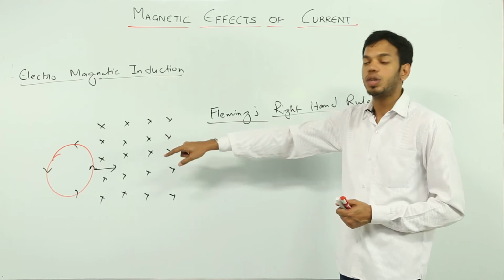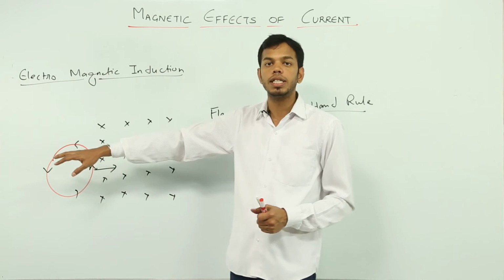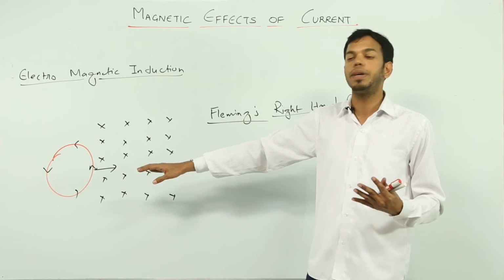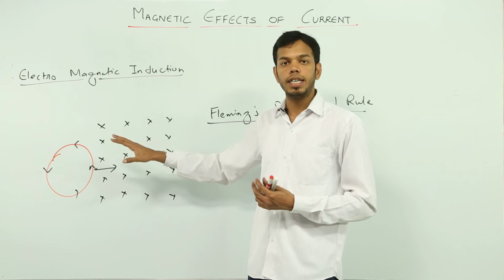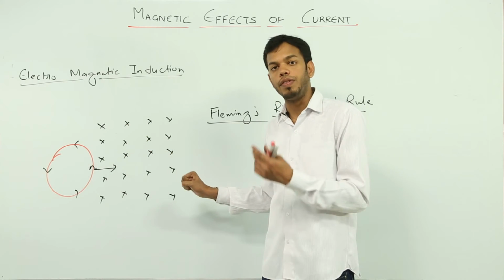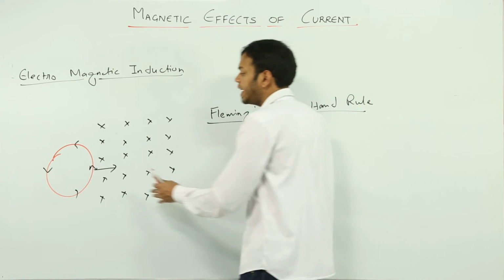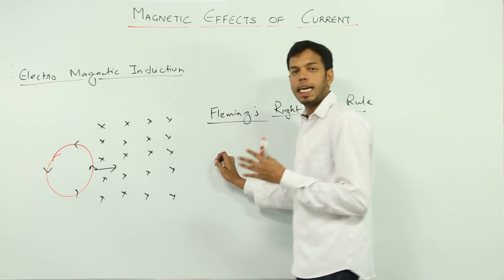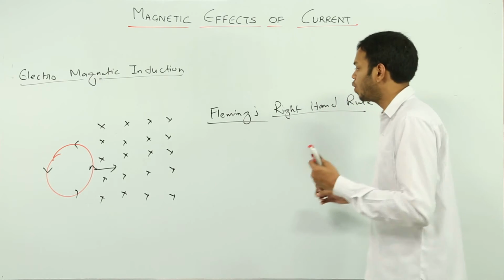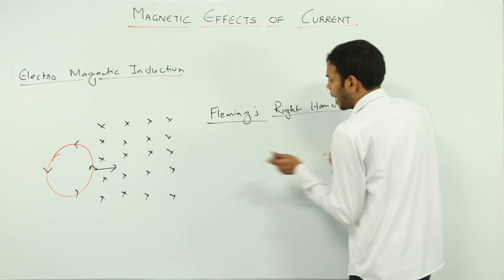This is called induced current. This is not normal current. Induced current is the current which is automatically getting produced inside a conductor when it is entering or leaving. Whenever the flux linked with it changes, induced EMF gets produced in it. So whenever it enters or leaves the region, the current is going to flow in it. Now we'll elaborate this rule.